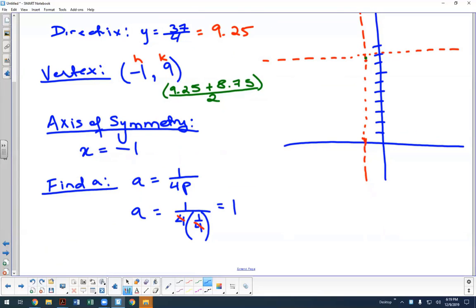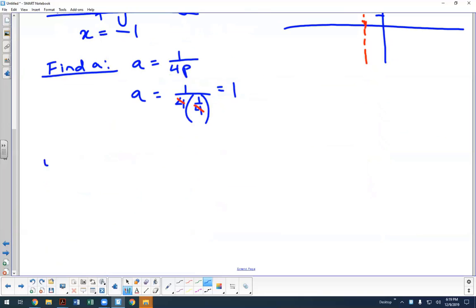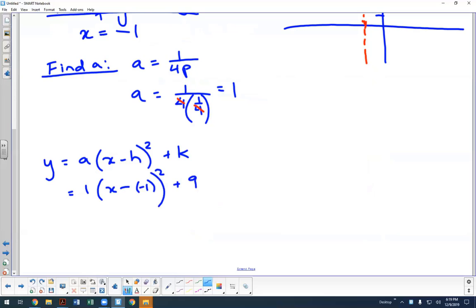So a is 1. h was -1, and k is 9. So our equation ends up being, since this is a 1 I don't have to write it out, x, negative and negative becomes positive, so that's (x + 1) squared plus 9.